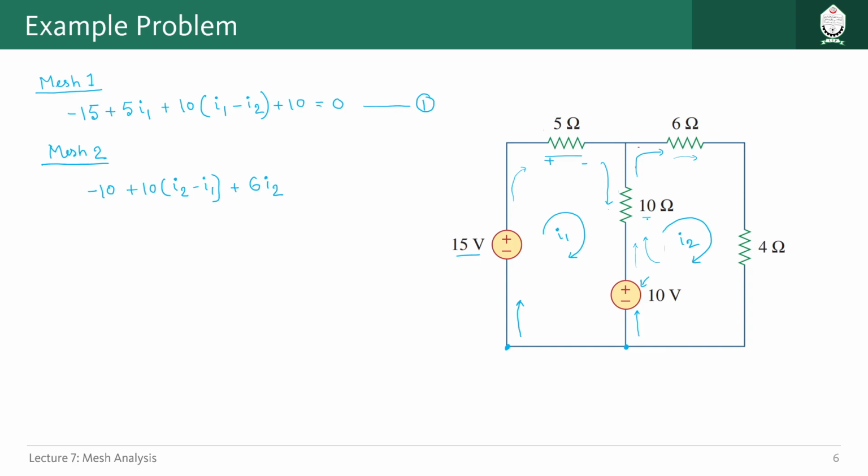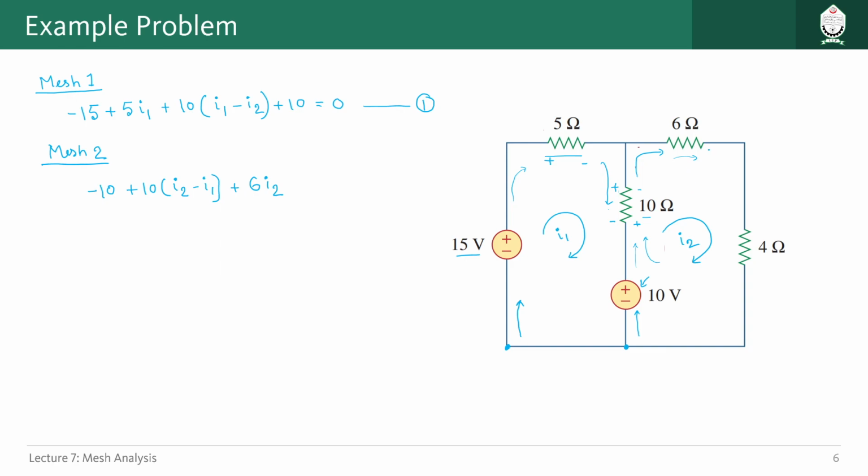So in that case maybe we are going to get polarity for I1 something like this, but for I2 it should be something like this. So in this way we cannot represent. We have to first of all understand what mesh currents are doing, what is their direction. So that is what is done here, right?